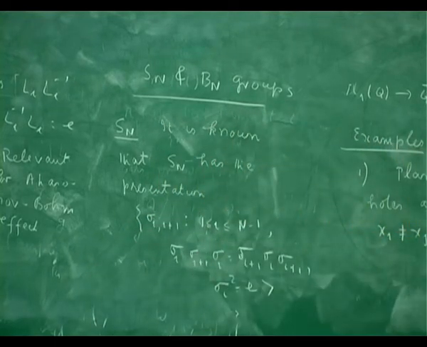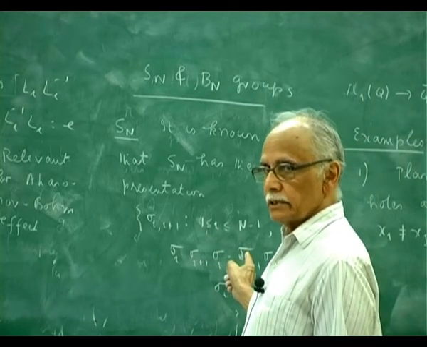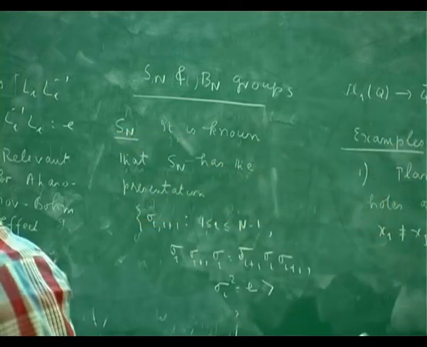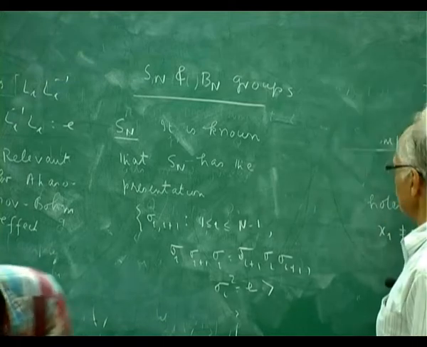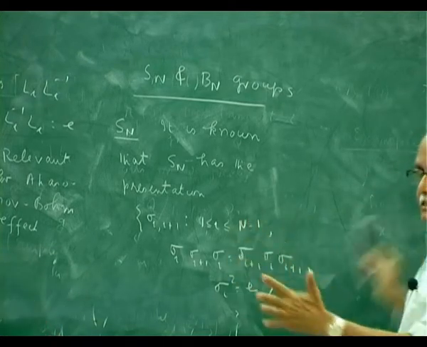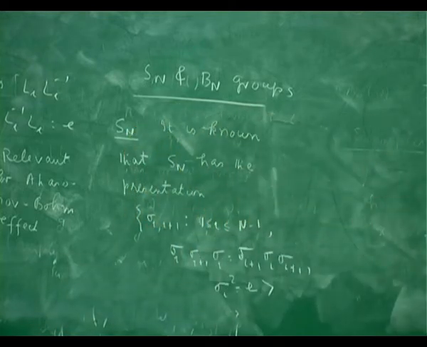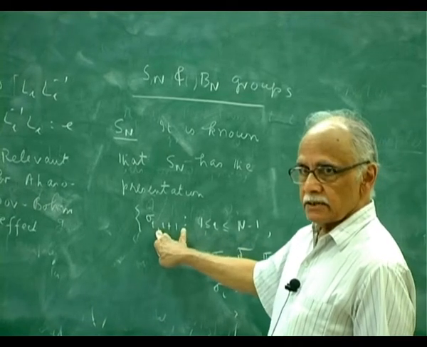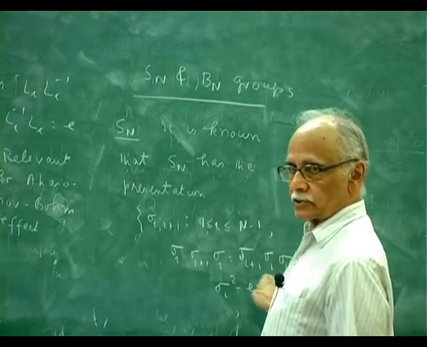This relation is a braiding relation. It comes up constantly when you work with vertex operators in conformal field theories. This is known to be a presentation of S_n. Presentation means you write all letters in this. Think of these as transpositions of adjacent objects. I'll show you how this comes about.